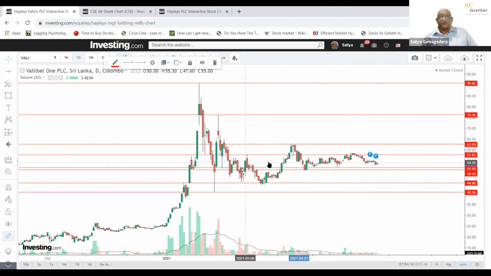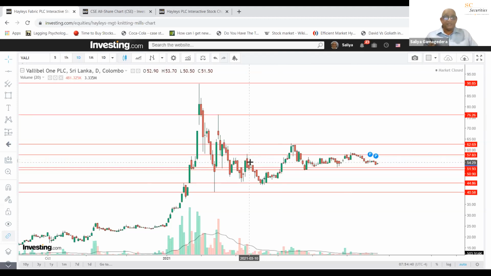When I drew this line, I dropped that line right on top of the wick of this candle. But if you go forward and see, exactly or almost at that level, the prices have tested that line. In other words, the prices have tested this high of 58.10, right?